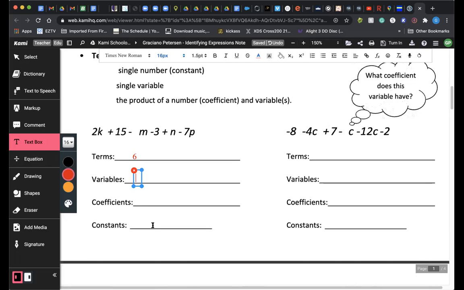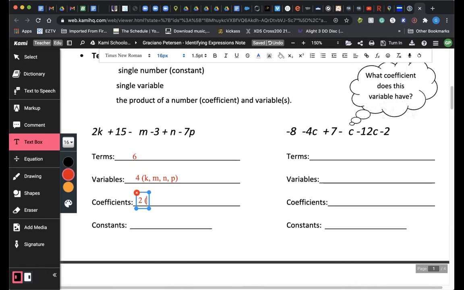What are the variables that we have in this expression? We have 4 variables. What are they? k, m, n, and p. How many coefficients do we have? 2.